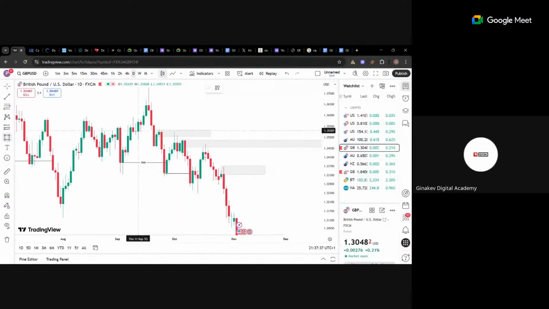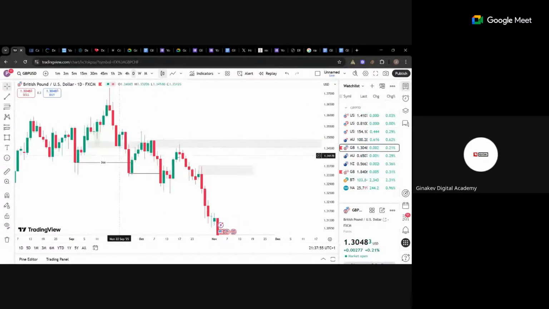Let's say this move went up, came down all the way here, and this was a whole push up. First push up came down again, second push up, then broke structure at this zone. Then this points somewhere around here. That would be where you will now consider that once price comes around here, it will now start falling.